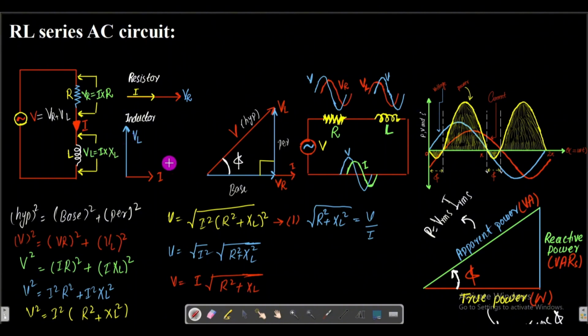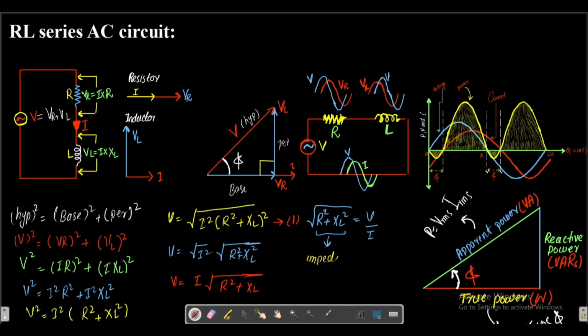When there is resistance from the combination of the resistor and the inductor, we call it impedance. So this is the impedance here.